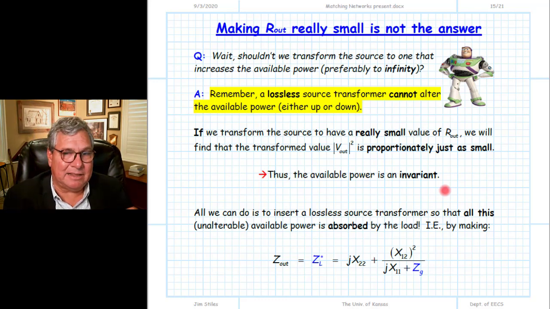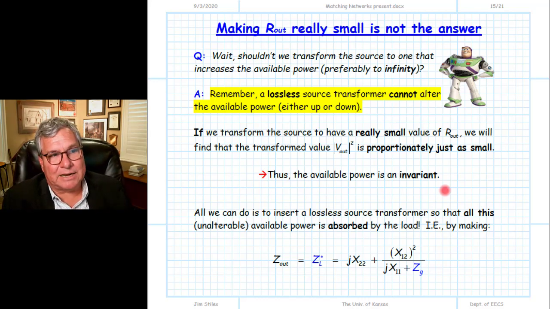And in that case, the answer was to make the available power as large as possible. With a two-port device, that's not something we can do. We can't change the source impedance without likewise changing the source voltage in a way that preserves the available power, neither increasing nor decreasing it, if that two-port device is lossless.